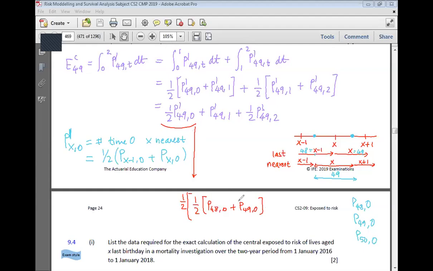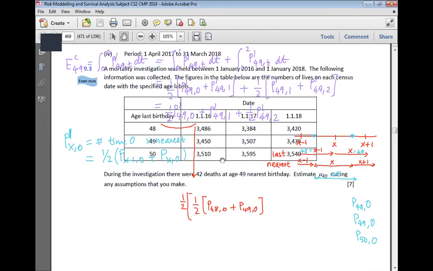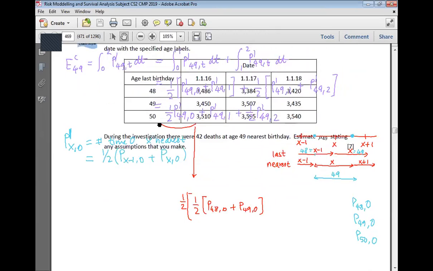And we know these values, right? P48,0 and P49,0. So these values will be this and this respectively. Oh no, sorry, this and this, 48 and 49. So this and this respectively. And because the time is 0, we are looking at 16.